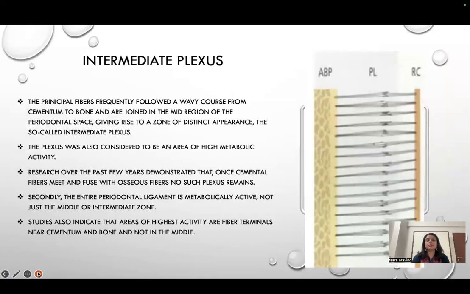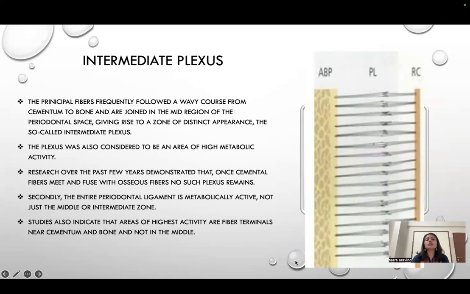Now, what is the intermediate plexus? It was thought that the principal fibers frequently followed a wavy course from the cementum to bone and are joined in the mid-region of the periodontal space, giving rise to a zone of distinct appearance, the so-called intermediate plexus. And the plexus was also considered to be an area of high metabolic activity.